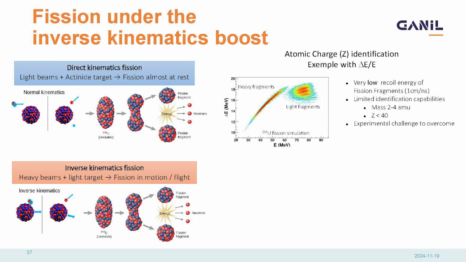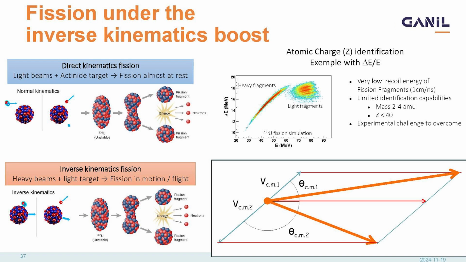Of course, if you do this, you cannot do the same reactions. You also have to account for the fact that all the inverse kinematic reactions are surrogate reactions. But if you do this, your fragments have much higher velocities in the laboratory frame.